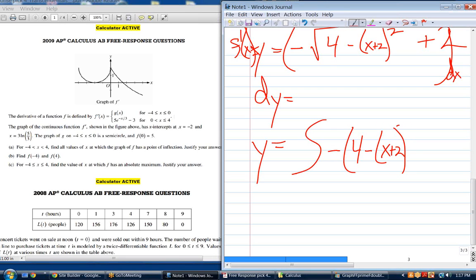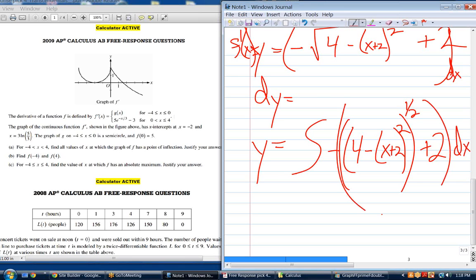This is a calculator problem, so we could figure this out on the calculator. Plug all that in. That is what y, the original function, is going to be.